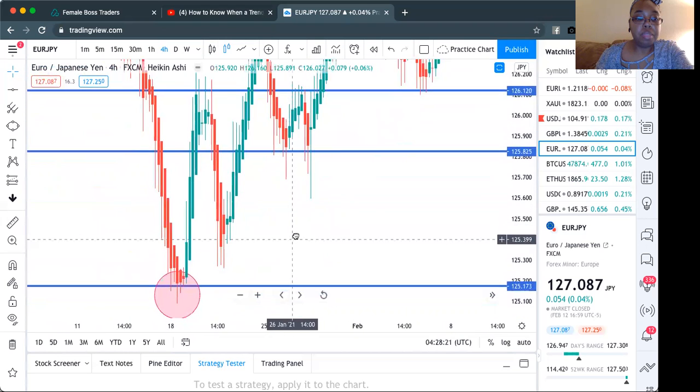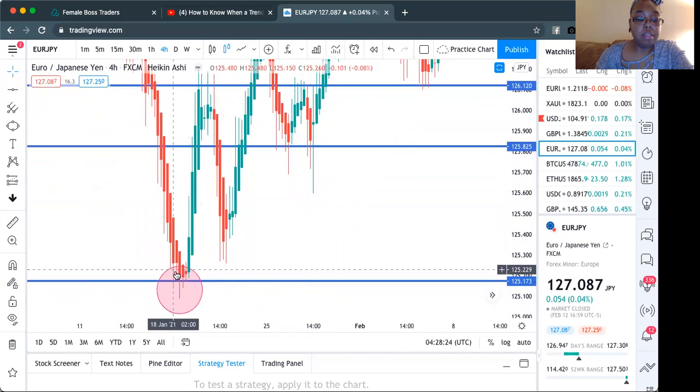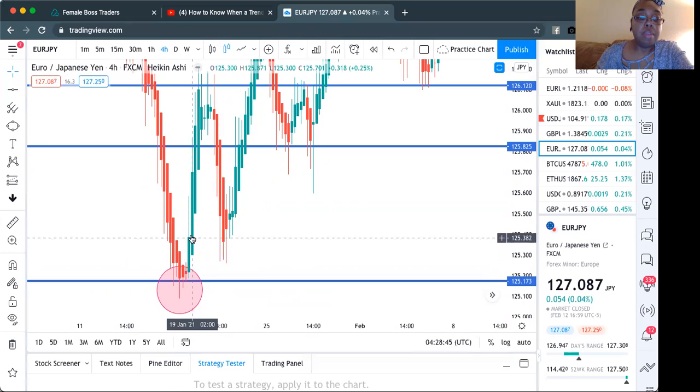Beautiful. So right here, that was a downtrend, and then this candle here lets you know that the buyers are taking over. That's how you know that they're about to take over, and they did.